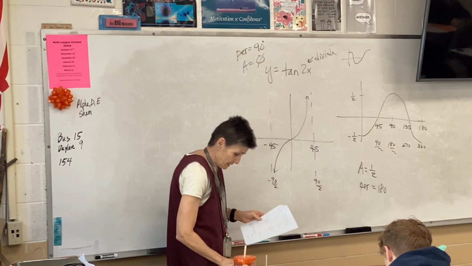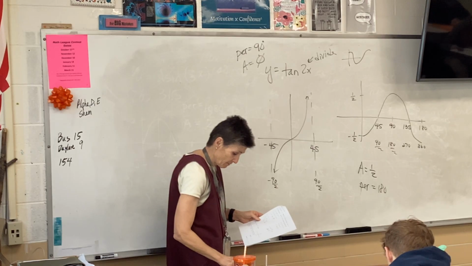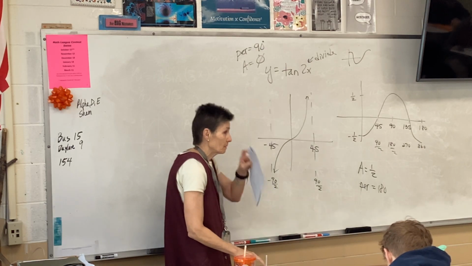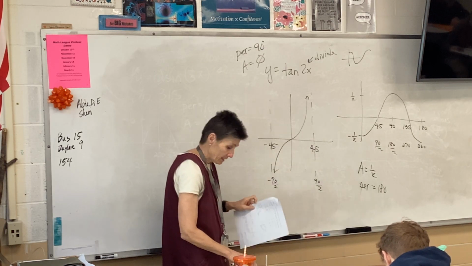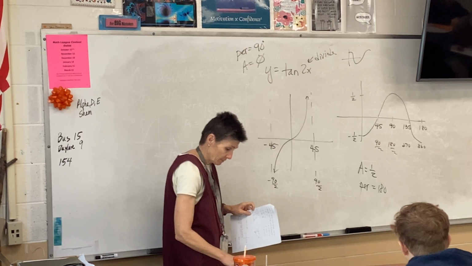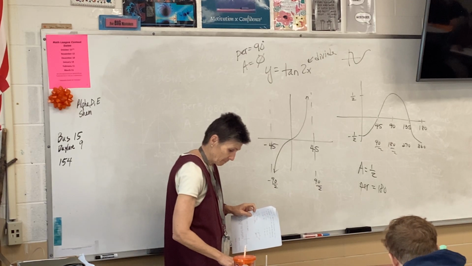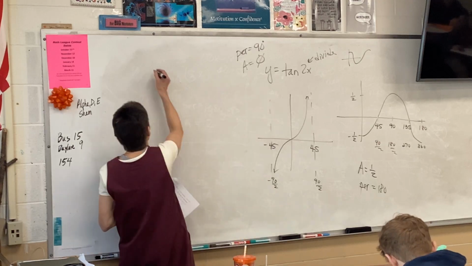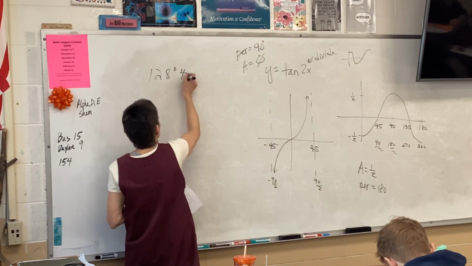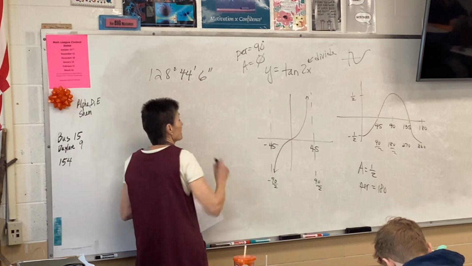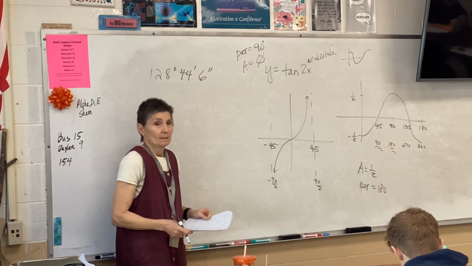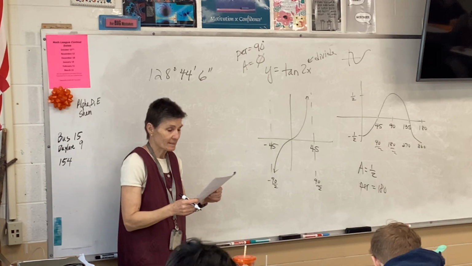So 128.735, second, angle, DMS: 128°44'6". Yep. Kids, that is so easy. Don't miss that. Yes, ma'am.